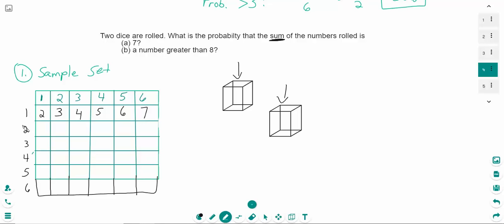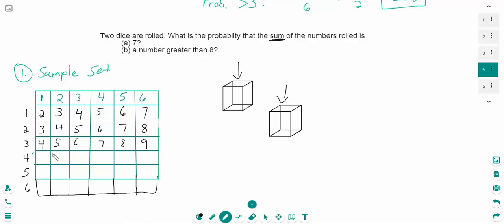And then if my first dice is a 2, the possibilities would be a 2 and a 1, which would be a 3, a 2 and a 2, which would be 4, a 2 and a 3, which is 5, and again, they just count up, all right? And then with a 3, well, now the possibilities are 3 and 1 is 4, 5, 6, 7, and I think you get the idea here, 8 and 9.